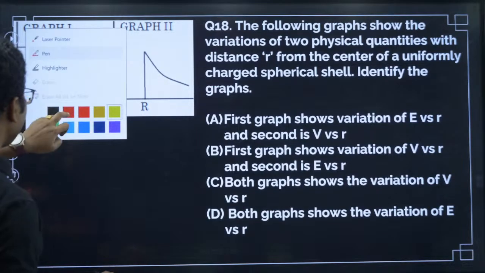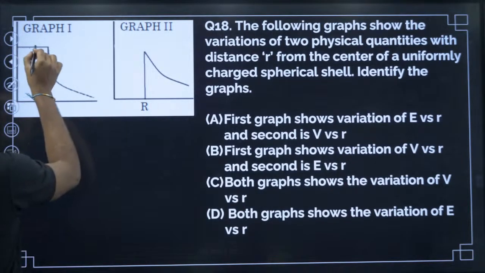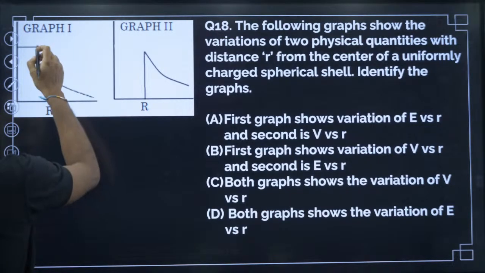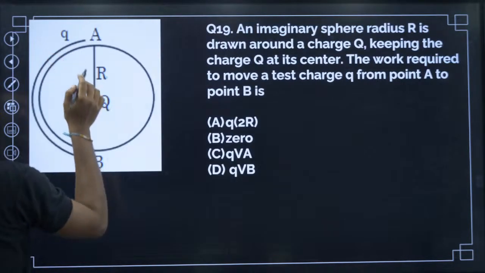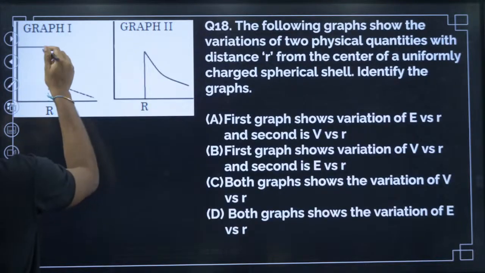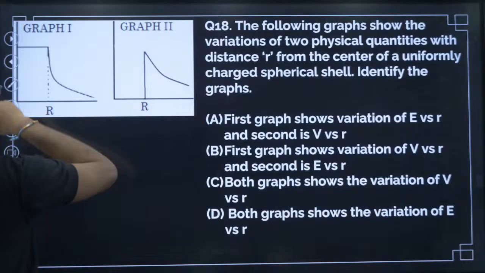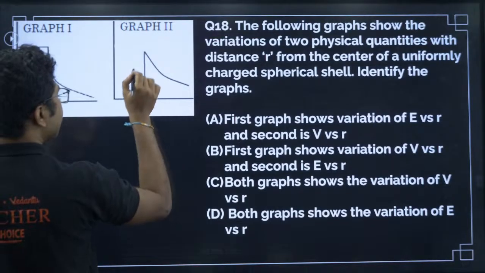First of all, try to figure this out. I will give you a hint. What is the meaning of this?